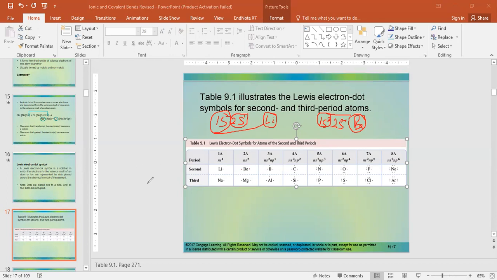Again, when you move to boron, this is a 1s2. Let me just do away with the drawing so that I can continue drawing. For boron, you have 1s2, 2s2, and a 2p1.